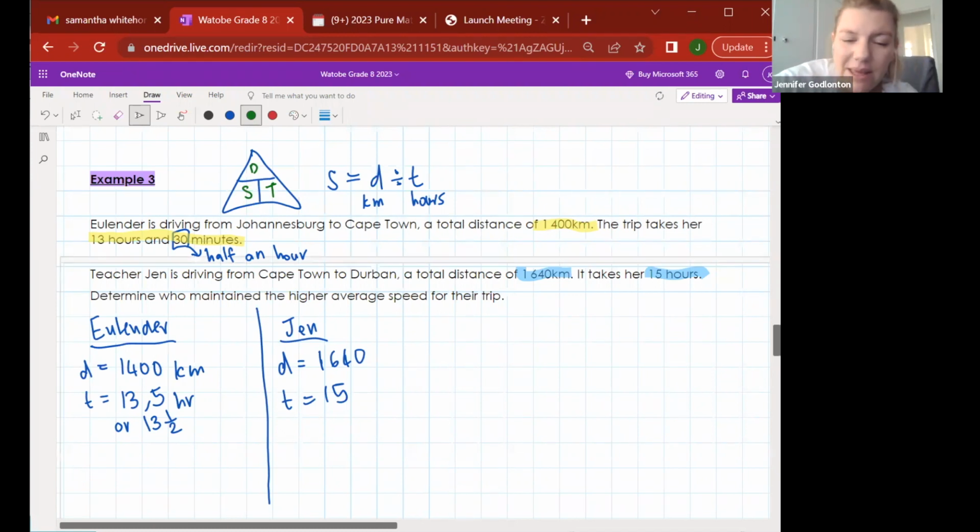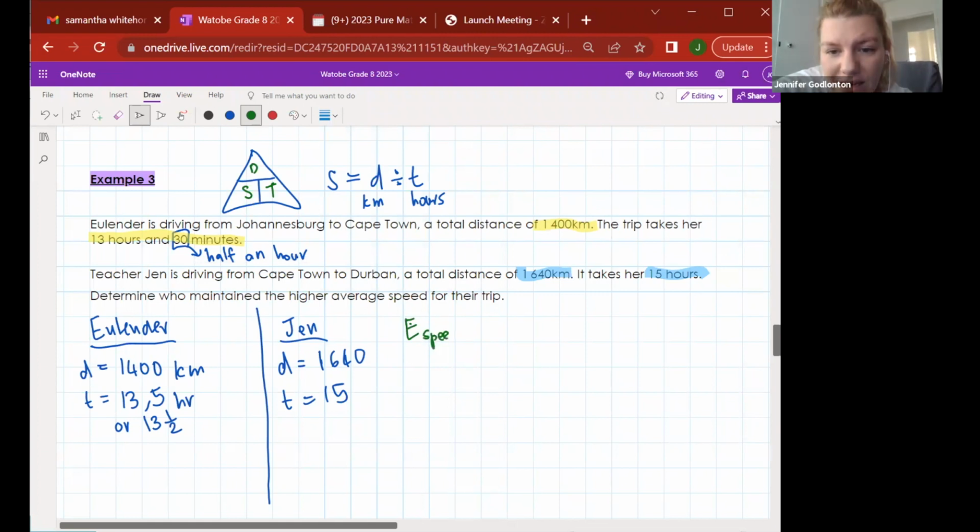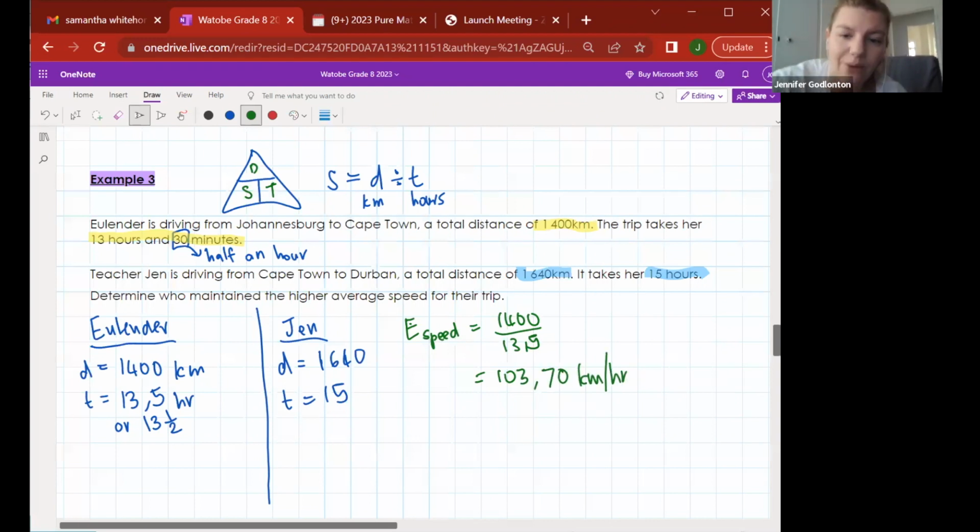I'm going to write them up here because I don't really have space. So Yolanda's speed is equal to 1400 divided by 13.5. Then we can pop that straight into our calculator. So 1400 divided by 13.5 gives us 103.70 kilometers per hour.